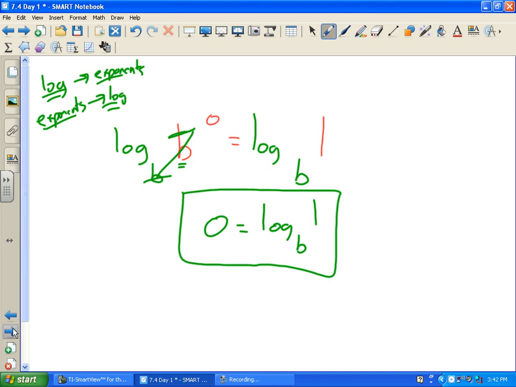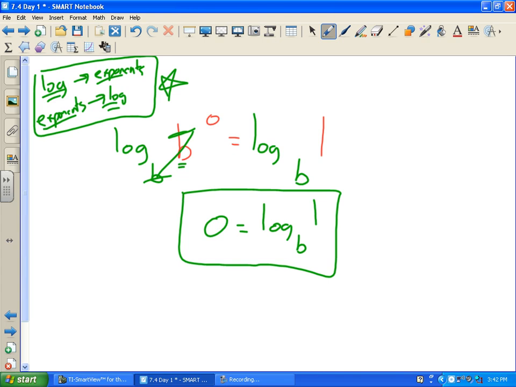Again, if I want to get rid of a base, I'm going to introduce a log. If I want to get rid of a log, I'm going to introduce a base. There's big patterning here, and I'm going to look at about 4 or 5 problems. I'm going to go slow, but what I'm really going to emphasize is this inverse relationship of undoing each other. Just like addition undoes subtraction, just like division undoes multiplication.